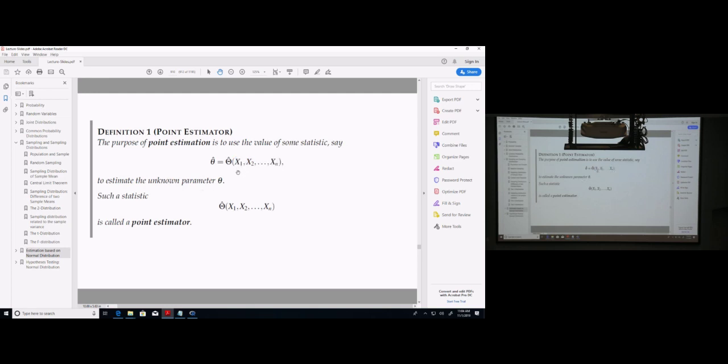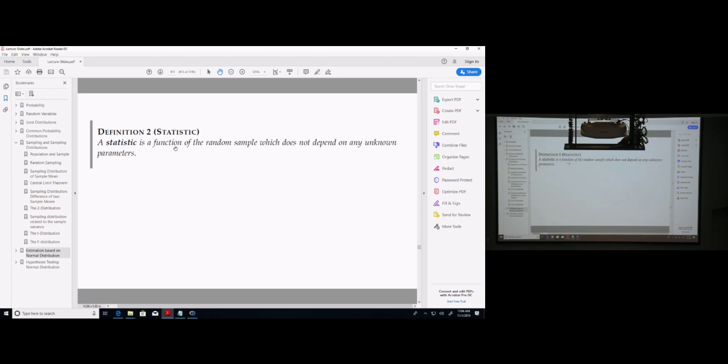And this is what we call a statistic, okay? Provided that this formula does not involve any unknown quantity, all right? Because if it involves any unknown quantity other than your samples, then in your calculations, the final answer will involve the unknown quantity, and so you can't have a number, all right?